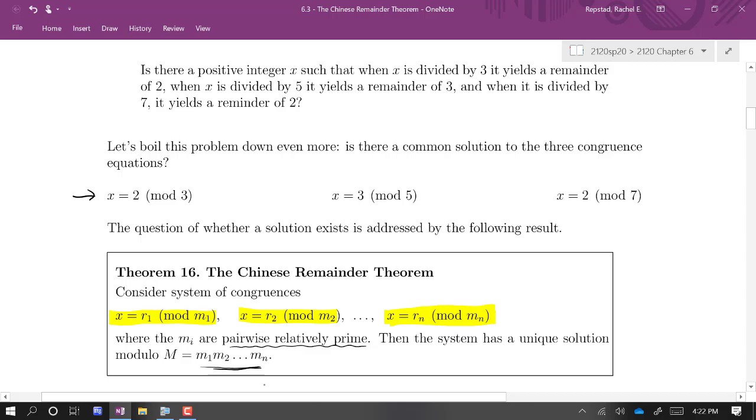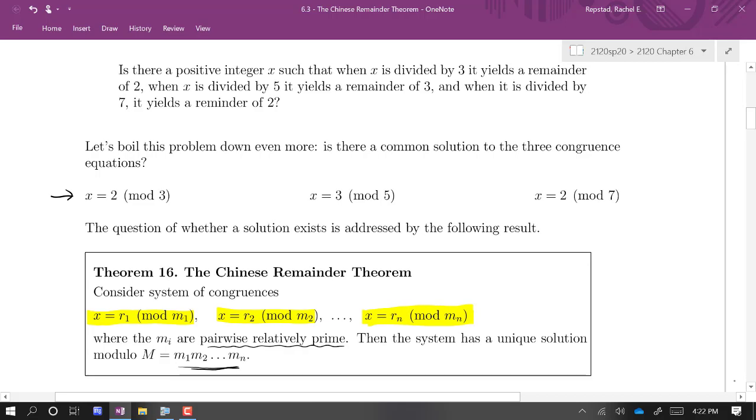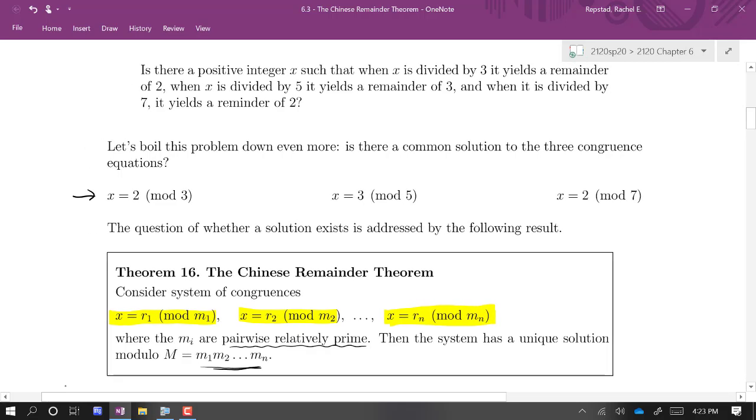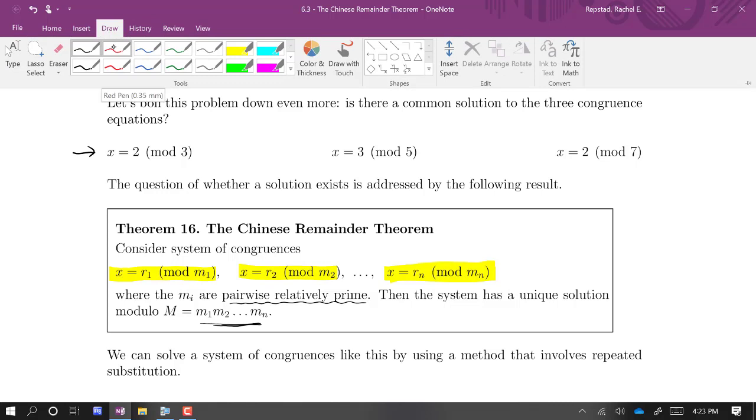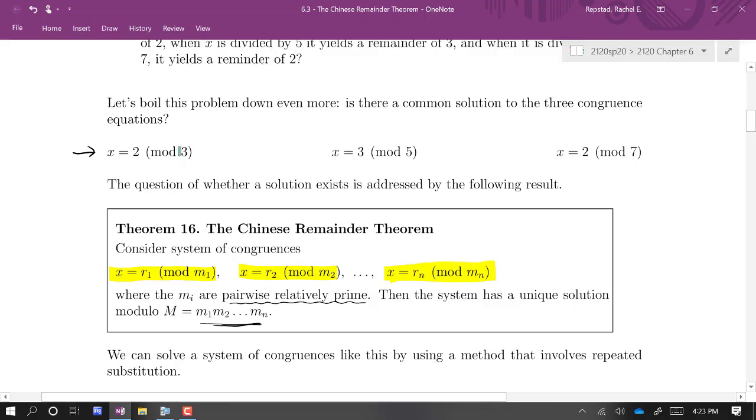The theorem doesn't say what the solution is. It simply guarantees that there is a solution if the modulus numbers are relatively prime. Up here our modulus numbers are 3, 5, and 7. Those are pairwise relatively prime, meaning that no 2 of them share any divisors.